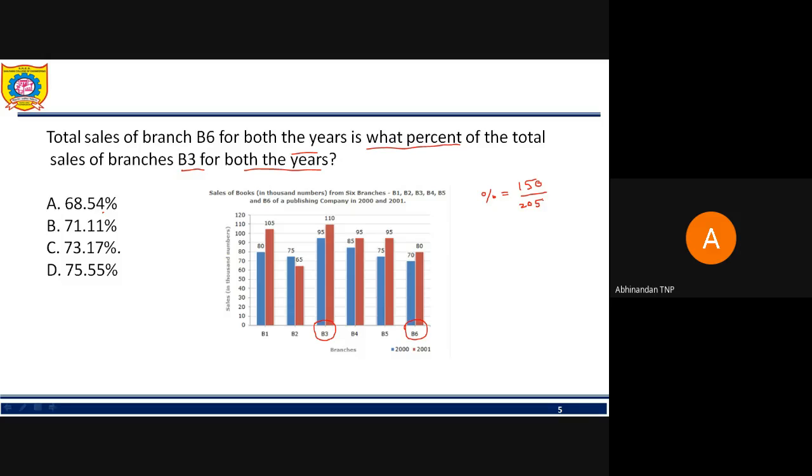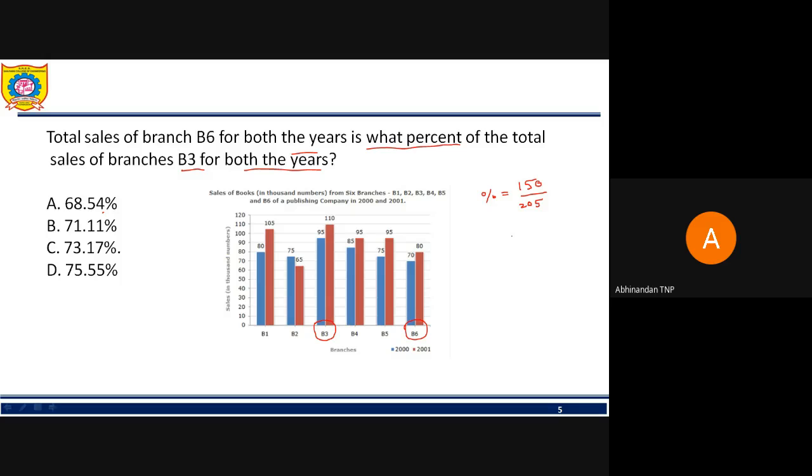So we have the total sale of branch B6 as 150 and the total sale of branch B3 as 205. We have just added the two terms and then we are finding the percentage.